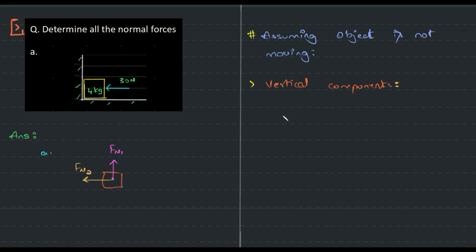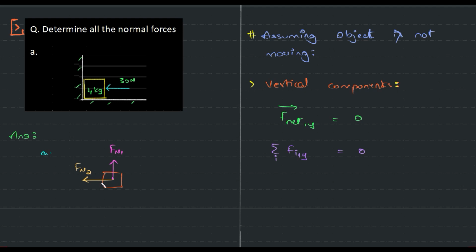The first thing is, since it's not moving, the F net along the y-axis will be equal to 0. And F net is nothing but the sum of all the forces along the y-axis, which will be equal to 0.